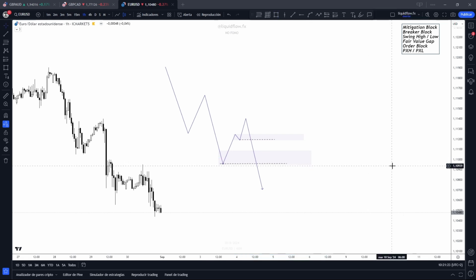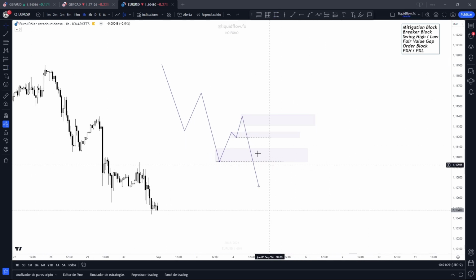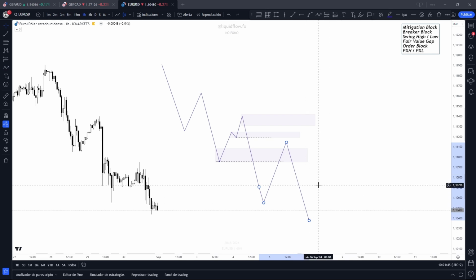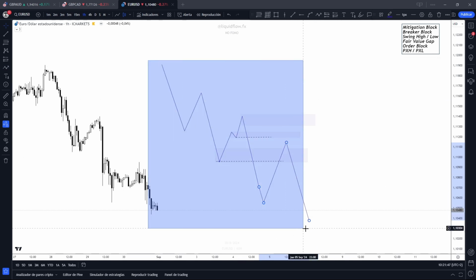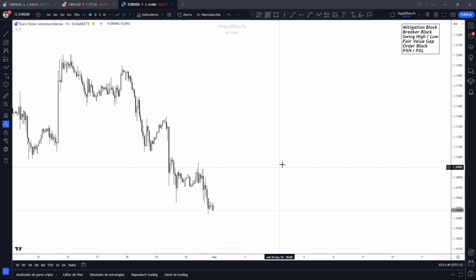Okay, and then another block, as we say, it must be here. That's the first we're talking about. Then we have three, in this case, three PD arrays. We would like to see the market come to some of them and then give us a retracement, right? So let's find a good example here.